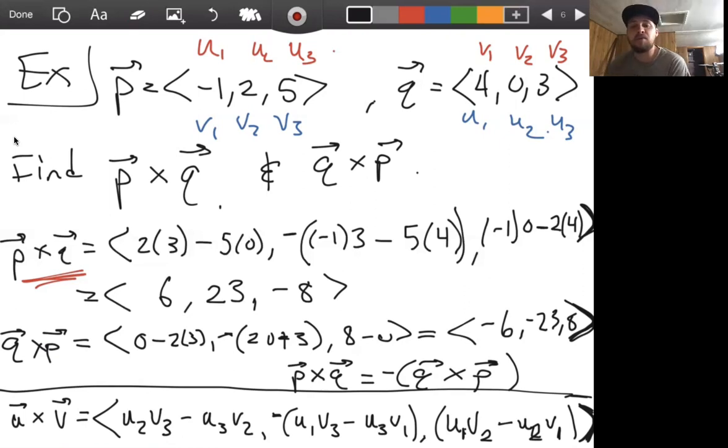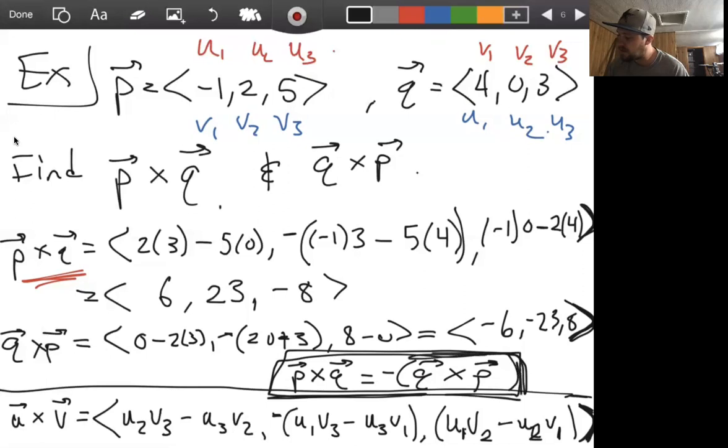Not the commutative property, but the anti-commutative property, meaning if you switch the order, you must pick up a negative sign. So here was a first example, a kind of sneak peek into showing that the cross product is anti-commutative. And so I wanted to use that as a quick example.